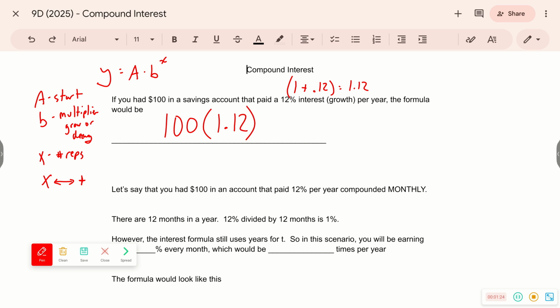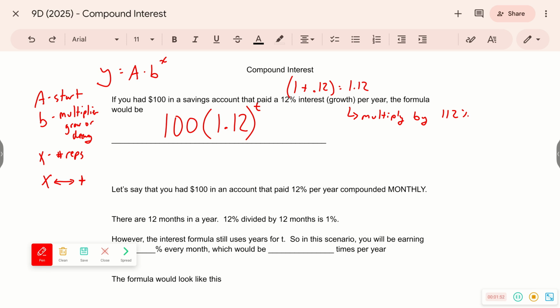And then however many years is going to be our exponent. Again, if we grow by 12% per year, what we do is we multiply by 112%. We talked about that early this past week. So pretty simple concept.